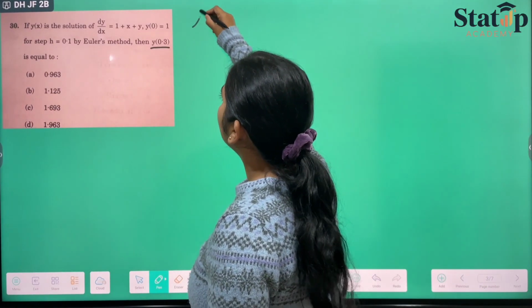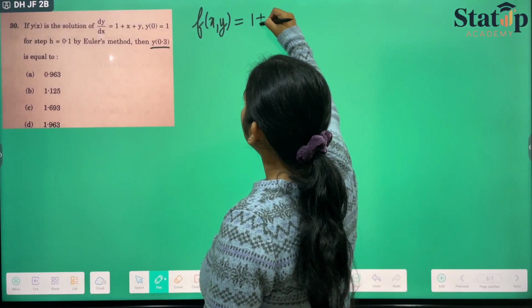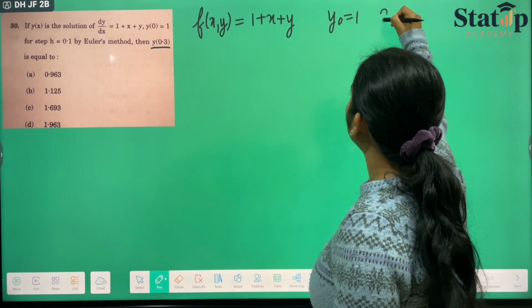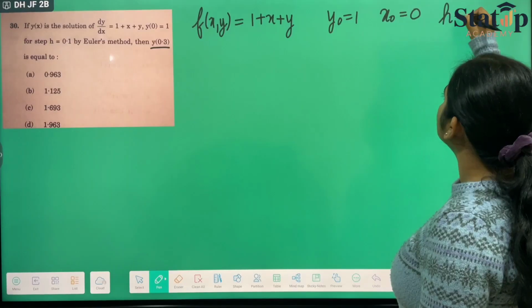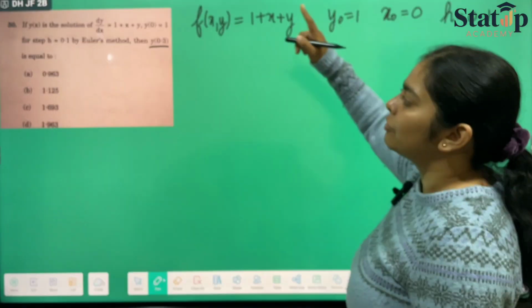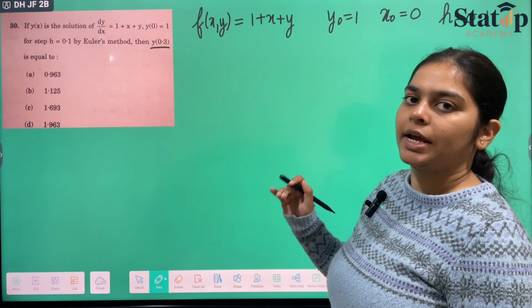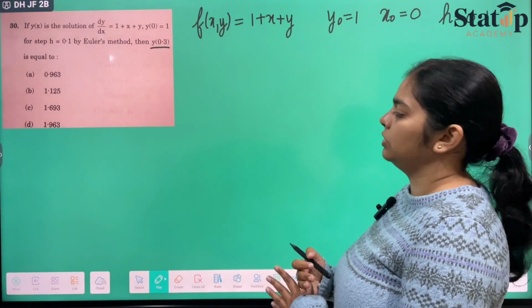Now f(x, y) has been given to us as 1 plus x plus y, y naught is equal to 1 and x naught is equal to 0, and the step size is 0.1. We have to calculate y(0.3), which means we have to move forward with step size 0.1. We have to take 3 steps: 0.1, 0.2 and 0.3.